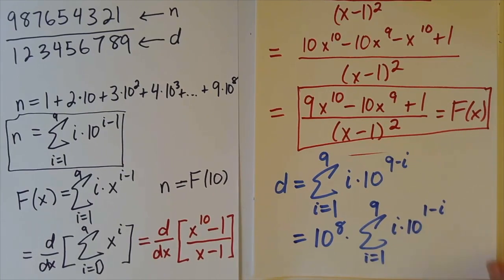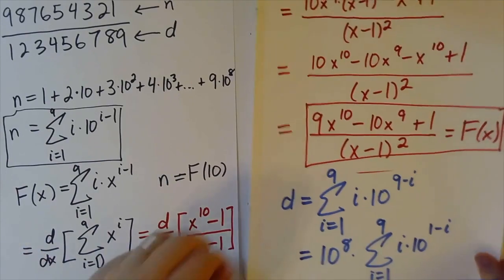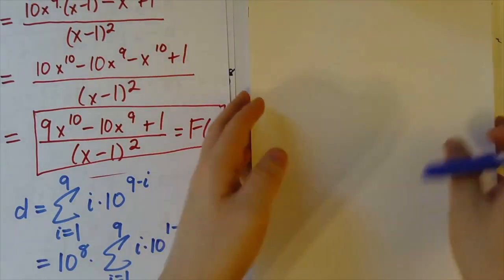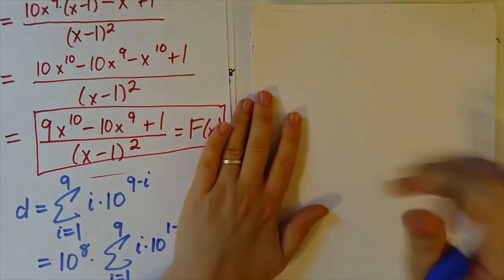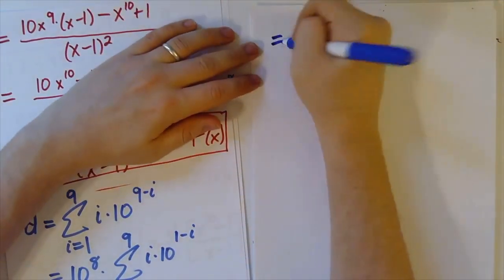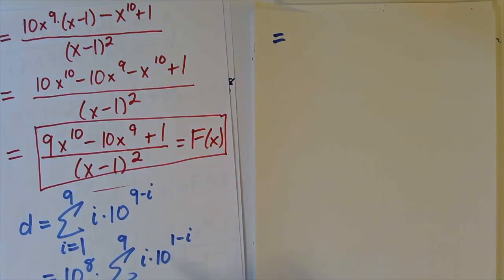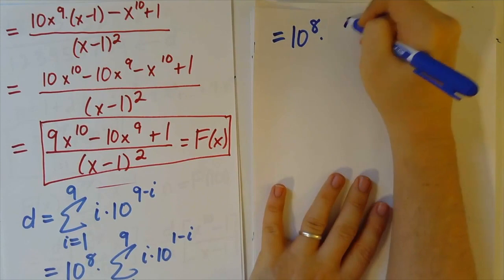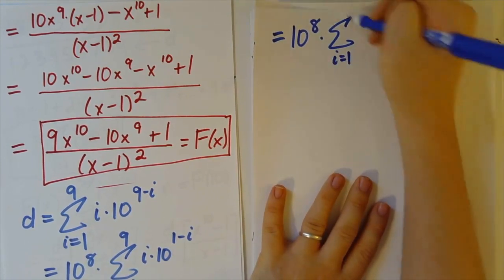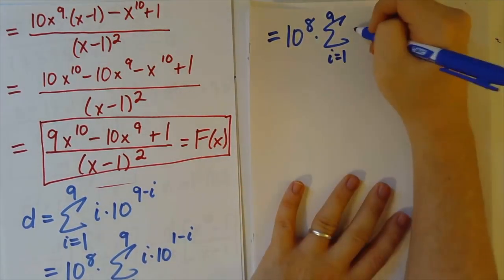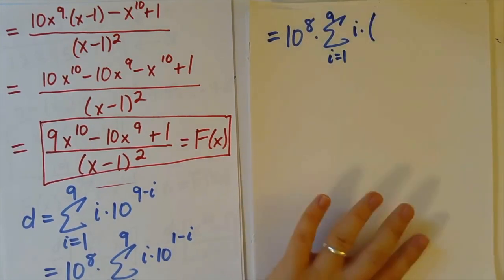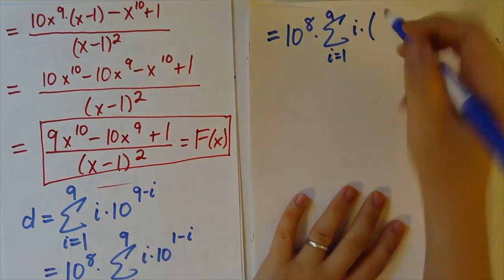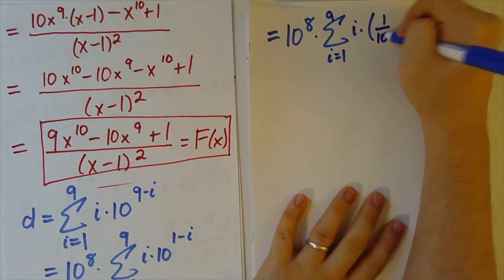Okay, now why is that helpful? Well, that's helpful because I can rewrite the thing I just did as being equal to, so this is still the denominator we're talking about here, that is 10 to the 8th times the sum as I goes from 1 to 9 of I times, and now instead of writing this as a 10, I'm going to write it as a 1/10. Okay.